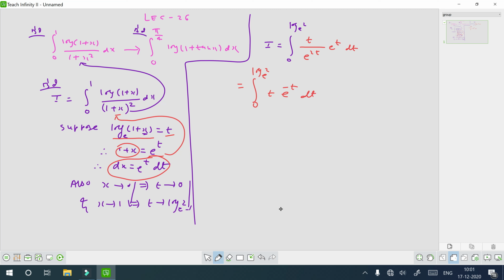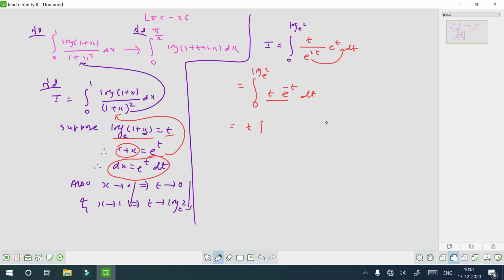We take this e raised to minus t to the numerator, and now there is a product of two functions. When there is a product, think of integration by parts. Use this form. In this select v: exponential is always v, and the rest of the function, whatever it may be, is u.